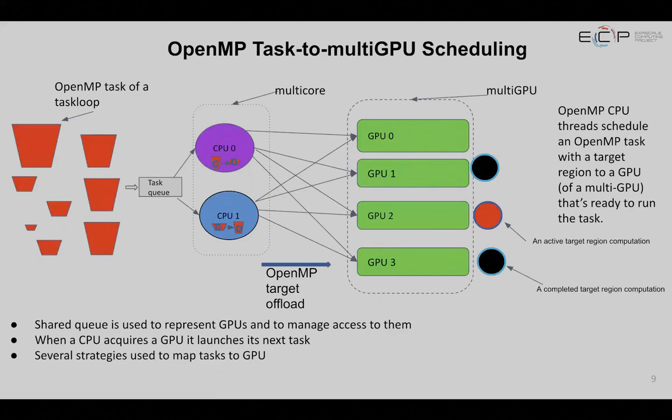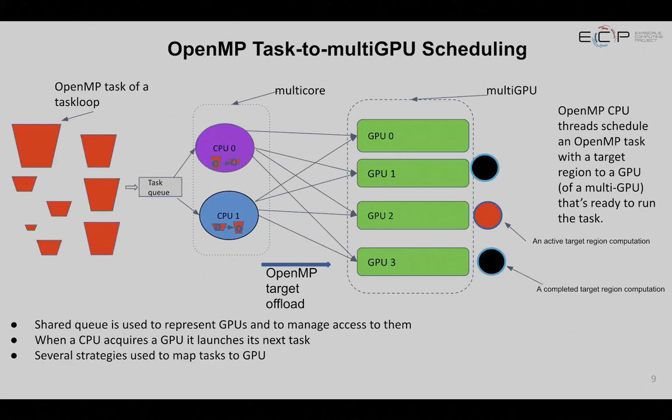So here, the real question is, how do we mitigate the load imbalances across the GPUs? We talked about across cores before, but now we need to treat the multiple GPUs as a multi-GPU, just like a multi-core.